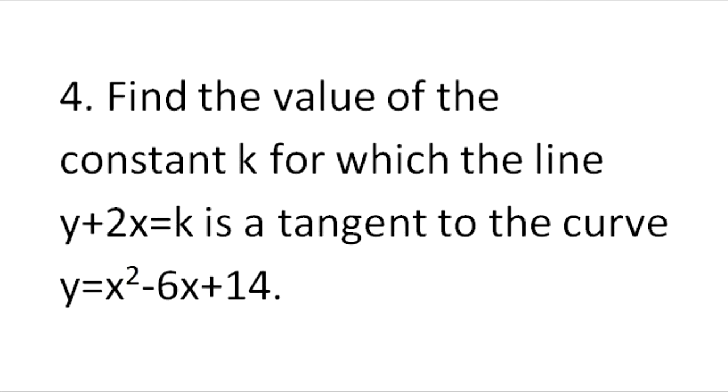Find the value of the constant k for which the line y plus 2x equal to k is the tangent to the curve y equal to x square minus 6x plus 14. So the curve and the line are touching.